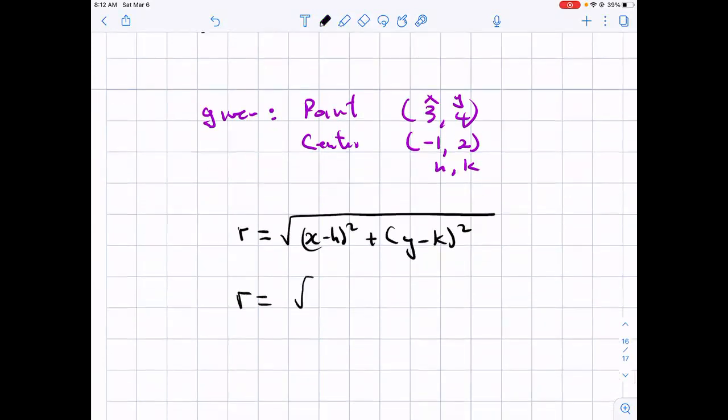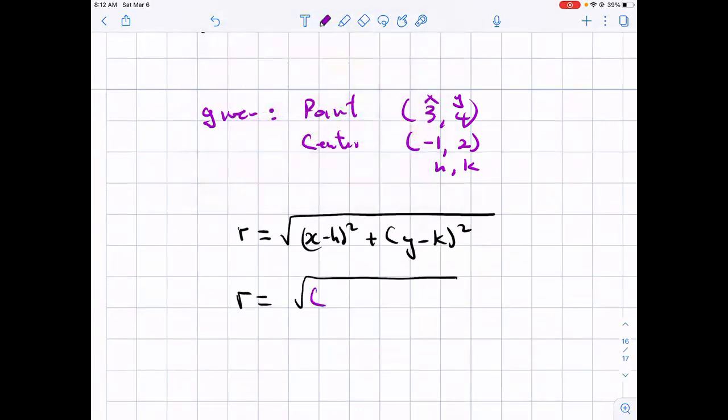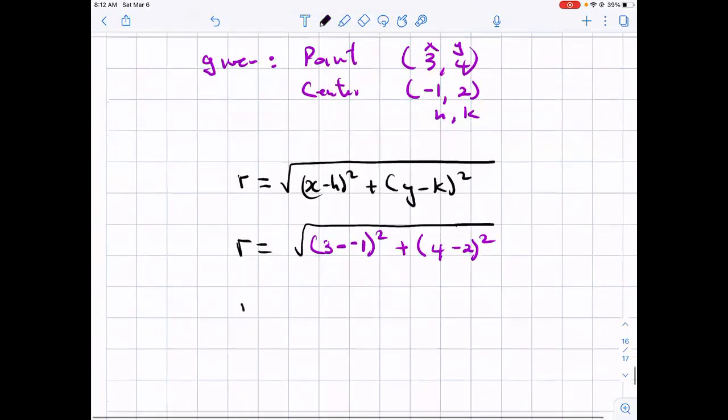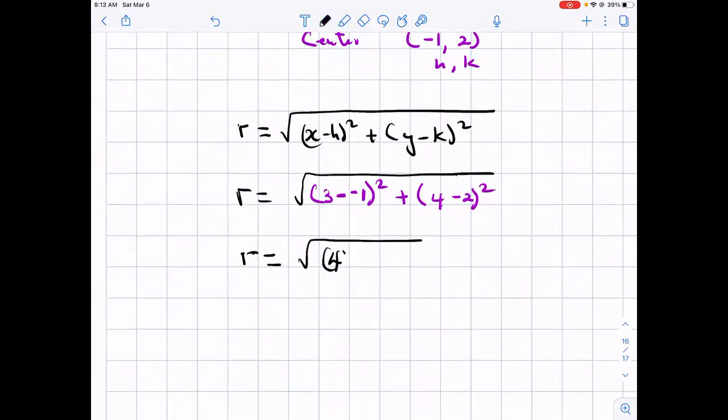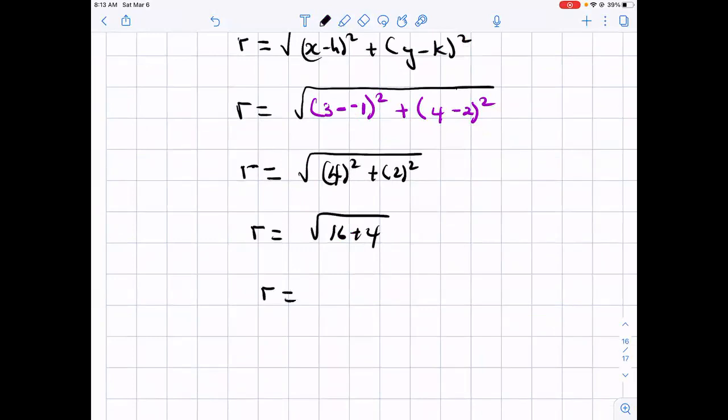If we plug in those numbers, instead of x we write 3 minus h, which is a -1, squared, plus y, which is 4, minus k, which is 2, and we square that. So here we have r is equal to the square root of 4 squared plus 2 squared. So r is equal to the square root of 16 plus 4. So r is equal to the square root of 20. And that's r.